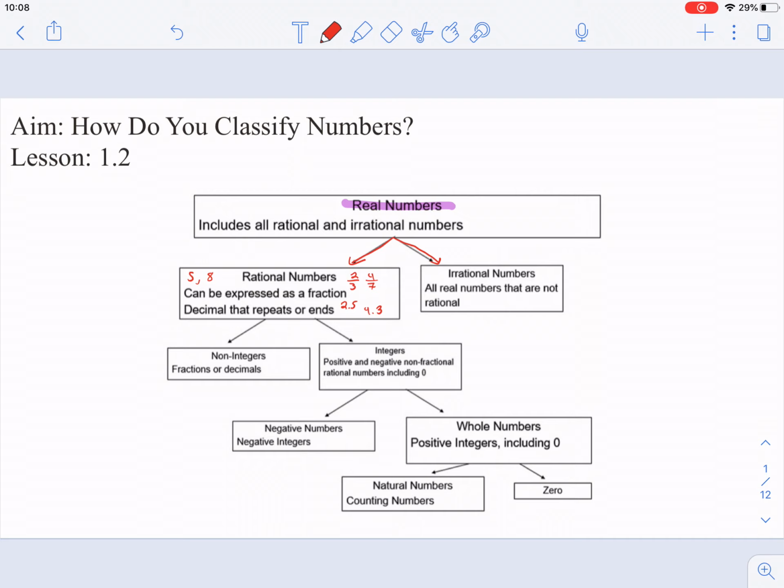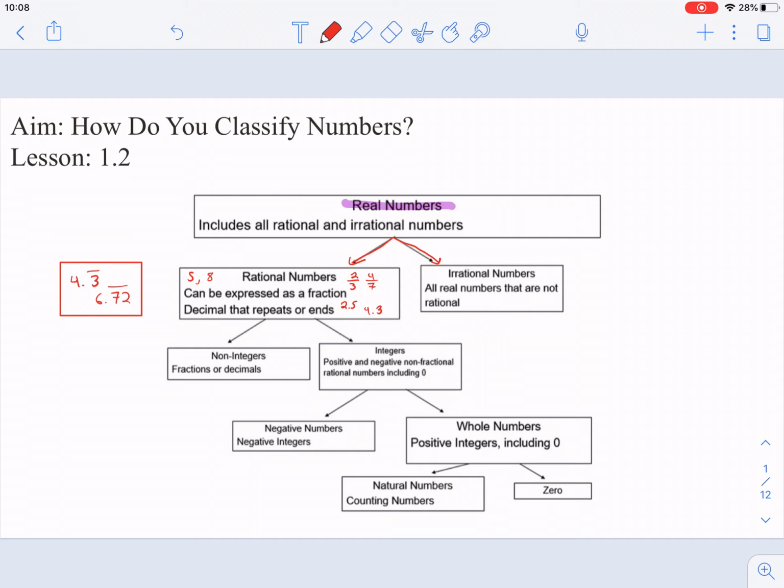Or if the decimal repeats, like 4.3 repeating, that is a rational number. 6.72 repeating, that is a rational number. As we learned yesterday, we're able to convert these repeating decimals into fractions, so that is why they are rational numbers.